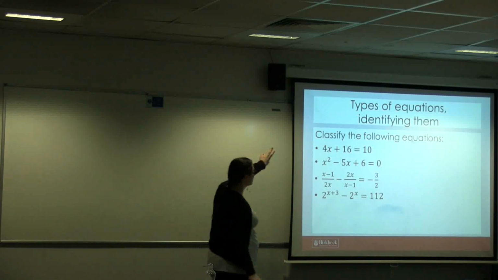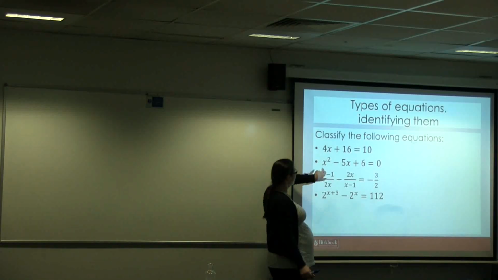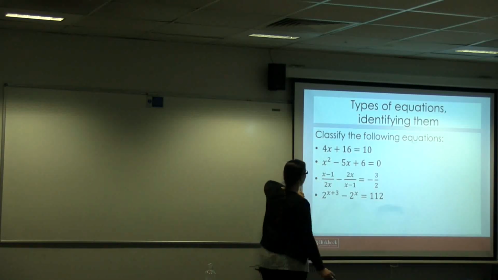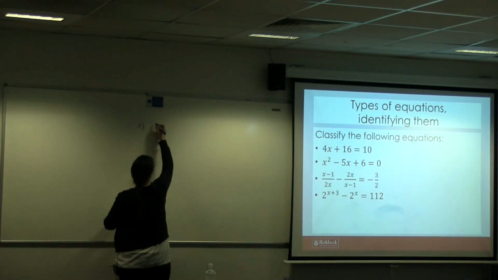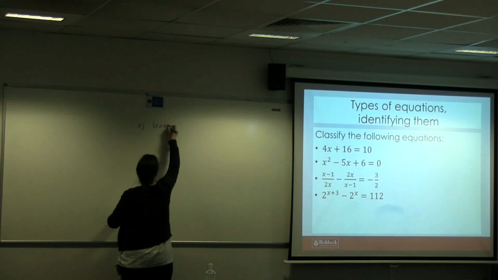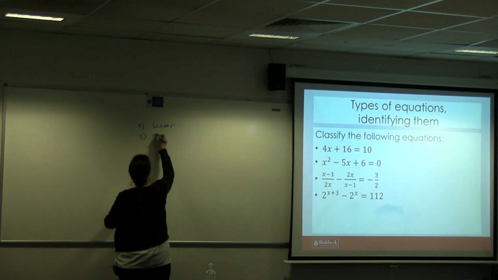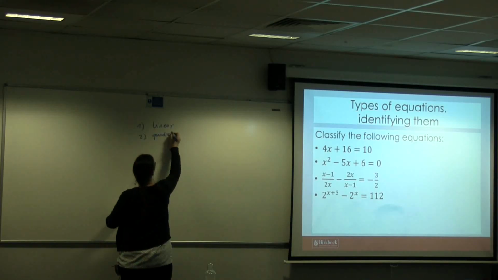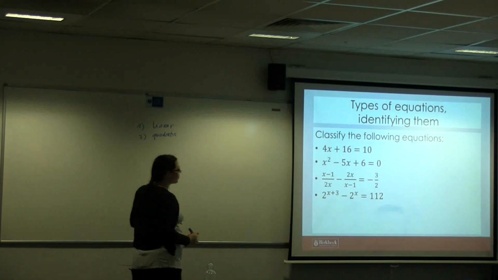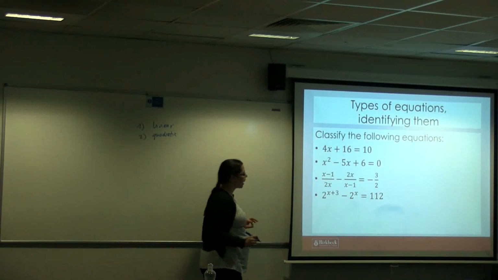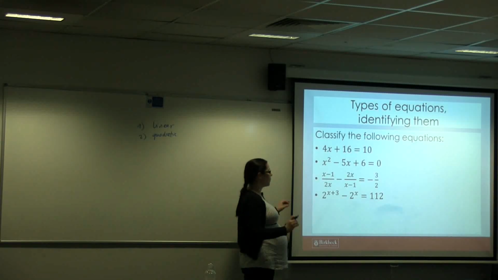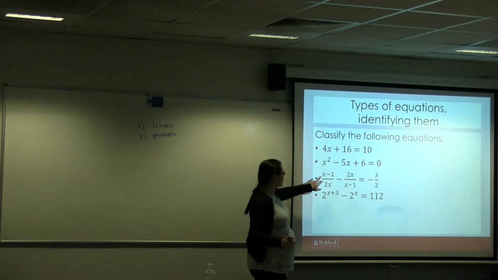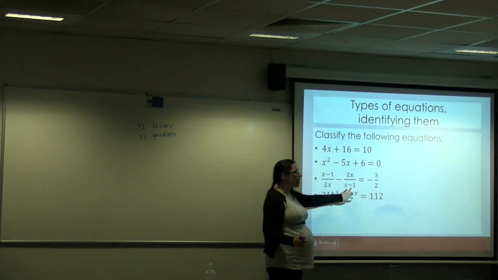So the first one would be linear. The second one would be quadratic, yes. Now the third one is a bit tricky, isn't it? Because x is in both numerator and denominator.